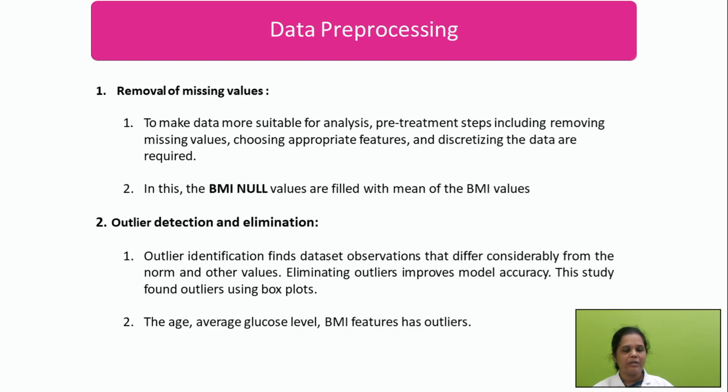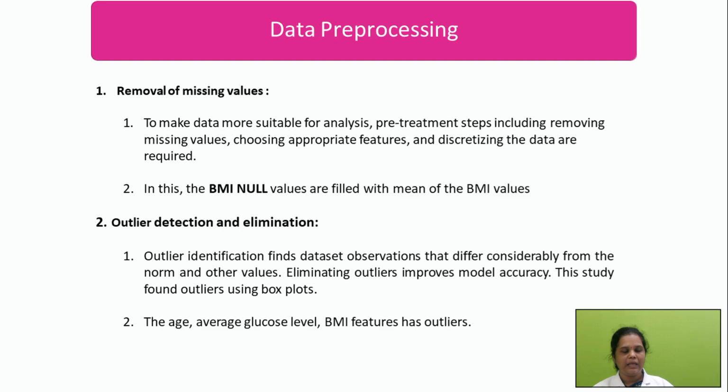To perform both supervised and unsupervised learning, before we feed the input to the machine, first we have to do data pre-processing. Data pre-processing is nothing but removing the unwanted data and the missing values from the data that is being given, so that processing of the data will be easier when it is fed to the machine.